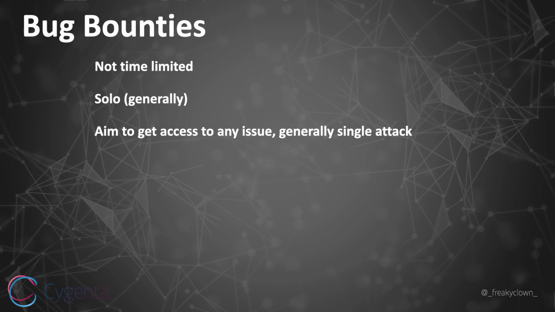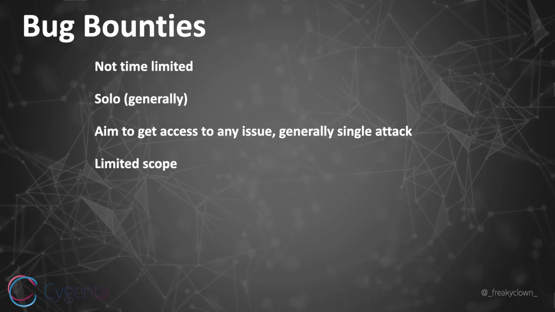The aim with a bug bounty, rather than the CTFs or the hacking training, is not to find a particular flag, but to find actual vulnerabilities. Now, it's generally just one attack, right? You don't generally get a lot of bug bounties that do more than one thing. You're just looking for one vulnerability and you report that one vulnerability.